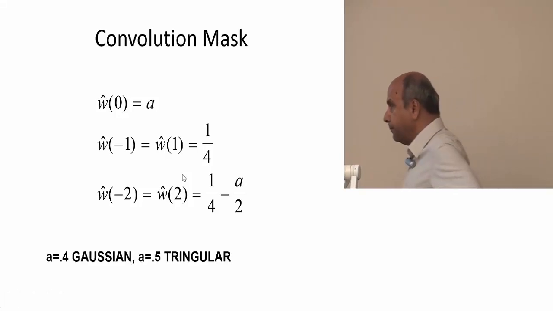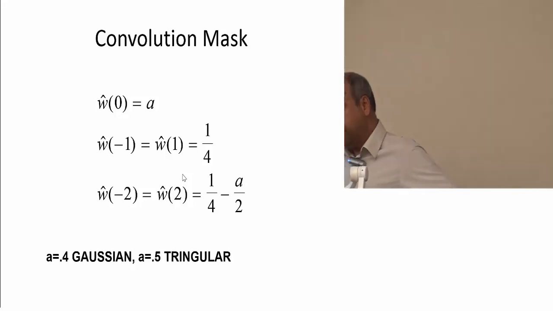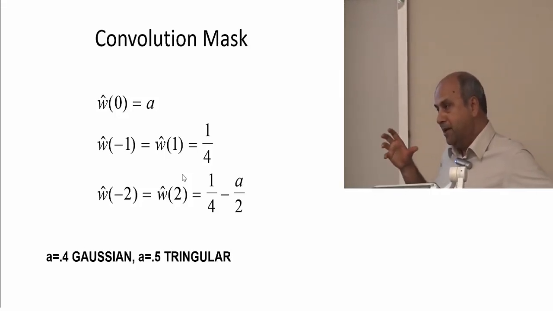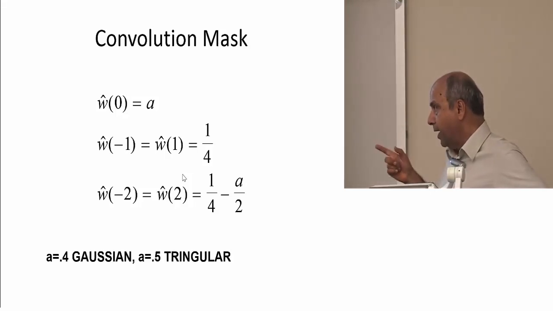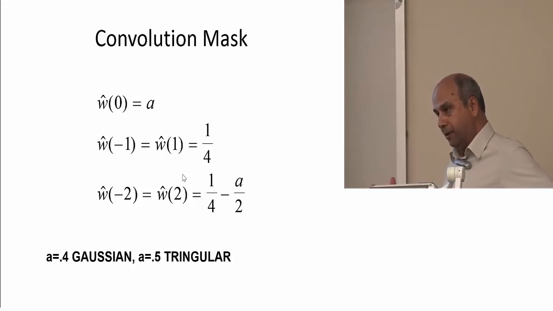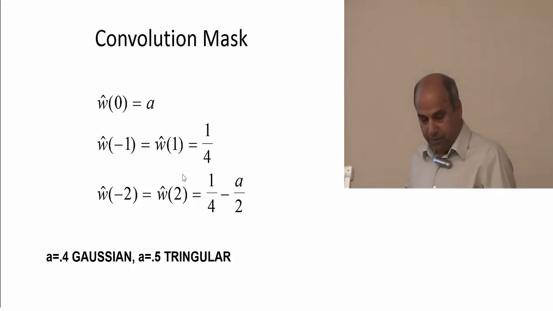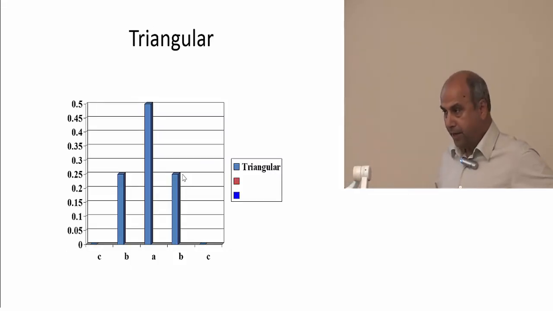Now if we select A equal to 0.4, then the mask will look like a Gaussian. If you select A equal to 0.5, then it will look triangular, because B is always 1 upon 4.